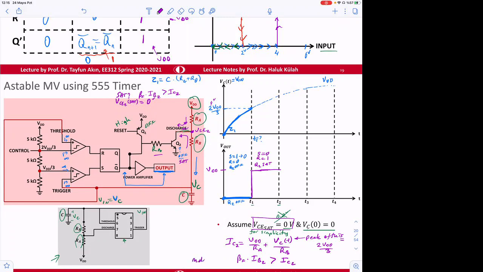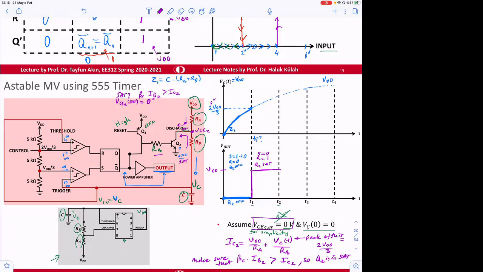Make sure Q2 is in SAT. In some previous exams we selected the numbers differently, or we asked what RA and RB should be to make sure that they remain in SAT. But our concern is not to calculate things. We are trying to understand the operation.